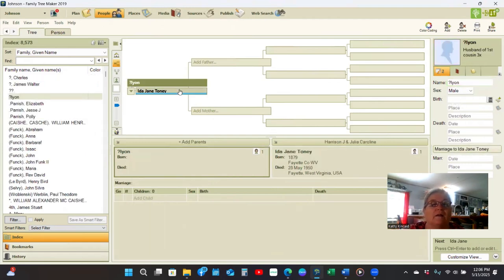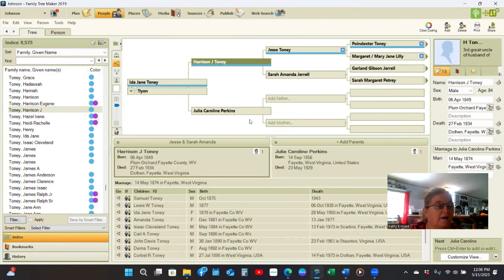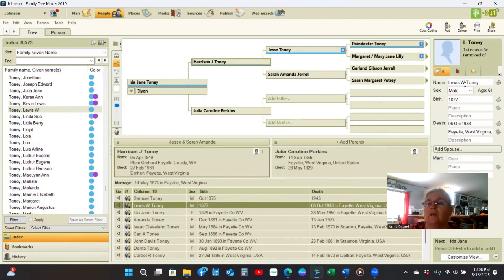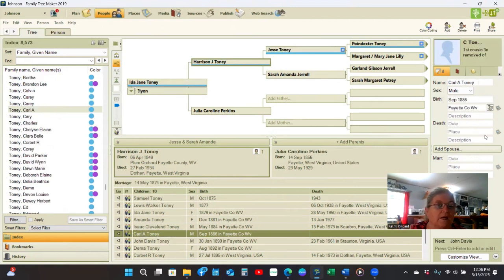Okay. And then we have a Lewis. Right there he is. And his middle name is Walker. Born 1877, died in 1938. Carl. His name is Arthur. He was born in 1886 and died in 1938.